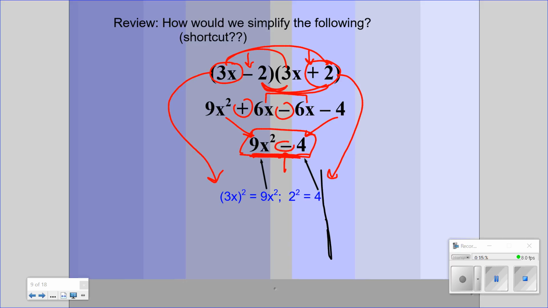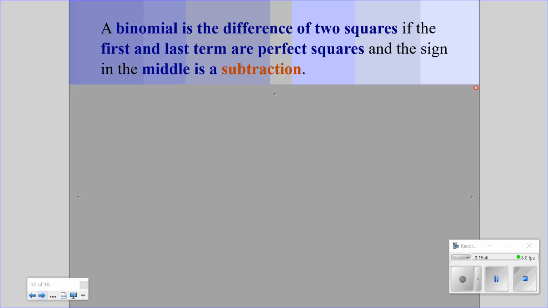Now here you ignore the subtraction sign. So we can take the square root of 4 and we can take the square root of 9x squared. A binomial is the difference of two squares if the first and last term are perfect squares and the sign in the middle is subtraction.